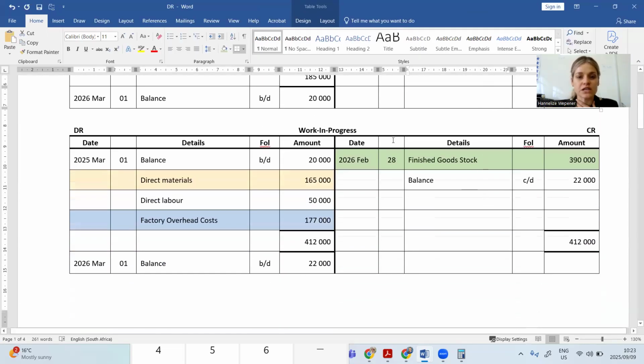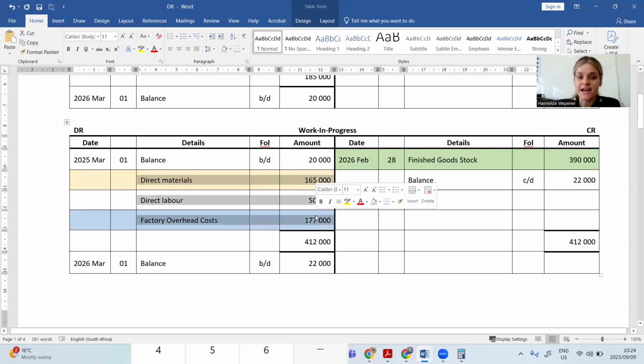Right, then we can also ask for work in progress. We can ask, calculate the amount of direct labor to be paid. Then it's your direct labor amount. We can also ask to calculate the indirect costs involved in the manufacturing process for this year. The indirect costs involved, factory overheads. We could also ask you to calculate the total cost of production.